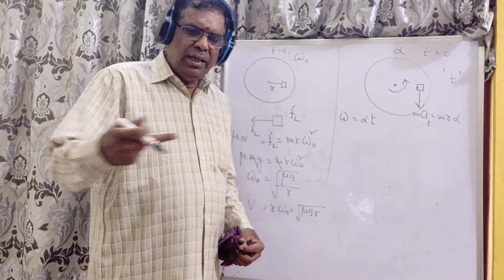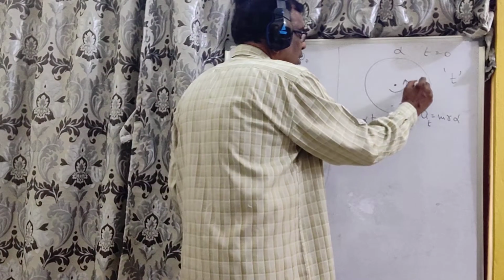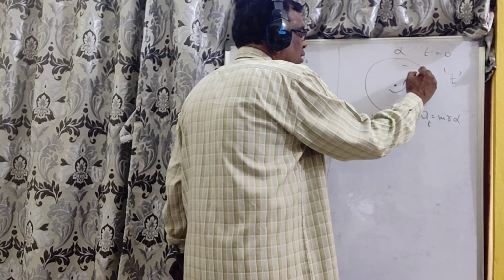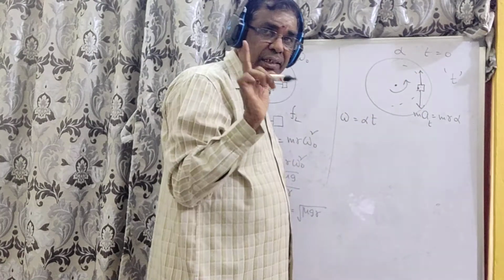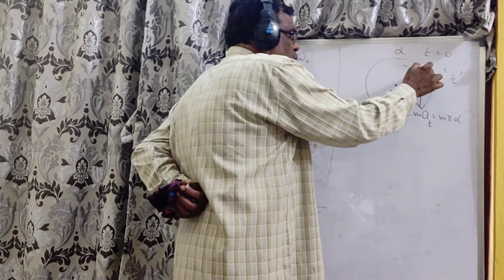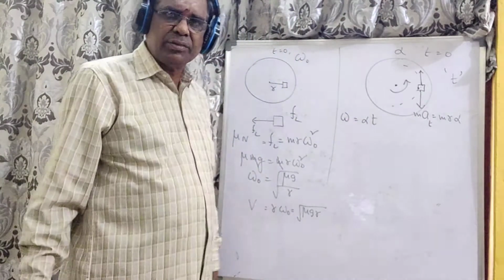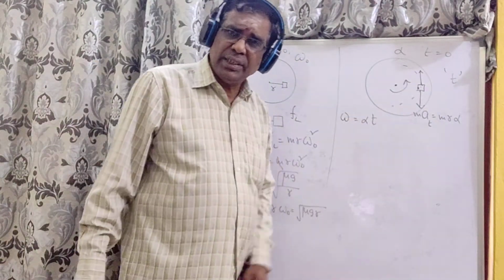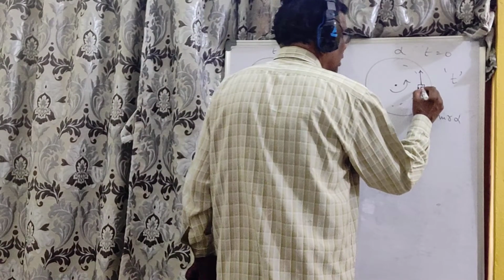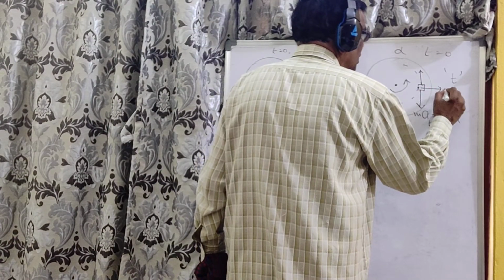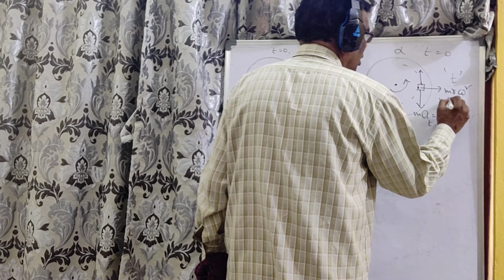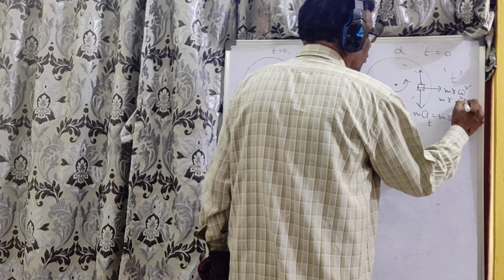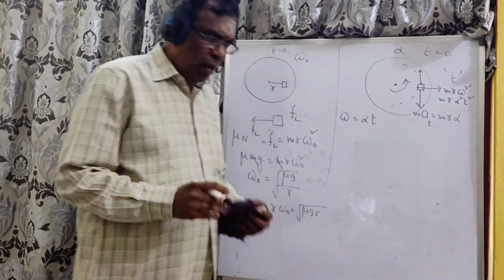Why? If I take a circle like this, tangential acceleration a_t is r alpha. So pseudo force is like this. What is the pseudo force for centripetal? That is obviously the centrifugal force, m r omega squared, or m r alpha squared t squared.